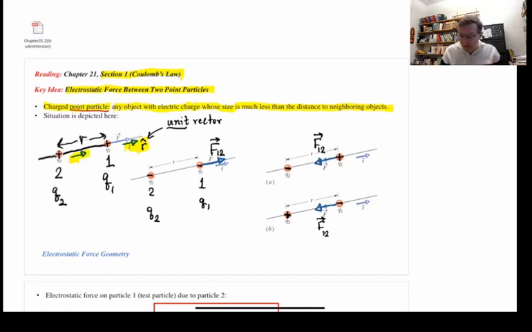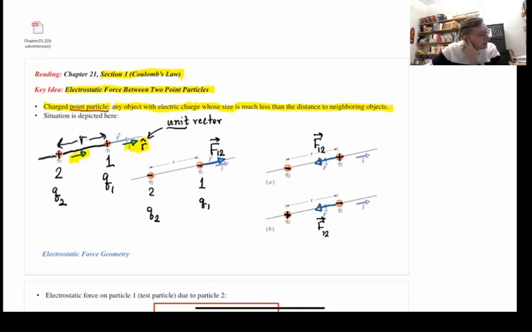All right, so that's our first little discussion, just with pictures, of this electrostatic force that one charged particle exerts on another. One of the key things we have to get used to is dealing with the geometry involved and the fact that we're dealing with forces, which are vectors. So we've got to deal with magnitudes and directions.